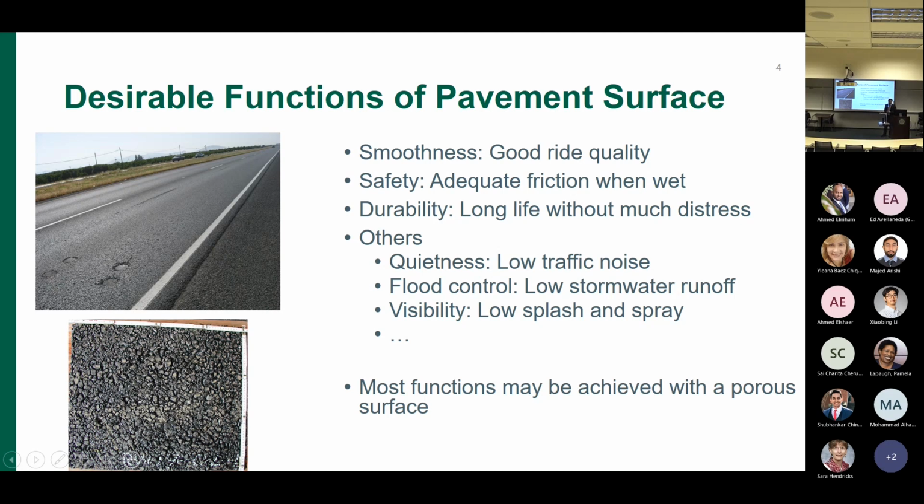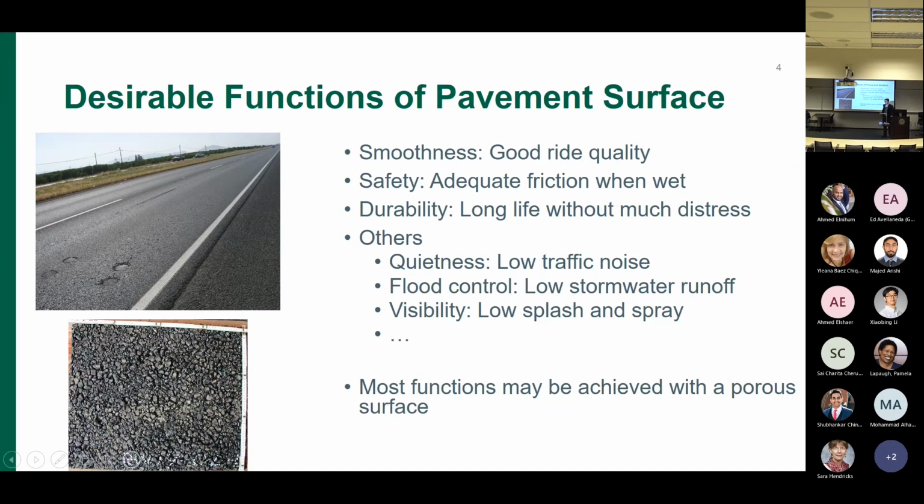For example, from the user's perspective, we want a pavement surface to be smooth and safe, which means it needs to have high skid resistance during rain or unfavorable weather conditions. And from a structural perspective, we want the surface to be durable, to last for a long time without major rehabilitation or maintenance.